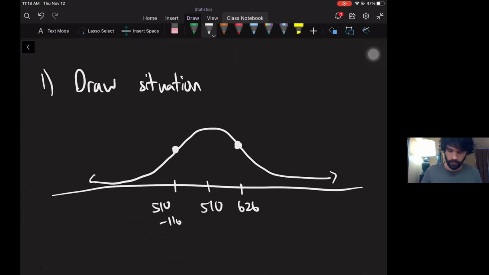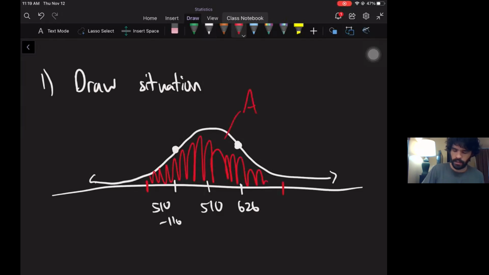But what we're looking for is we want to know the two scores that separate the middle 90%. So this area should be 0.9, from the top and bottom 5%.